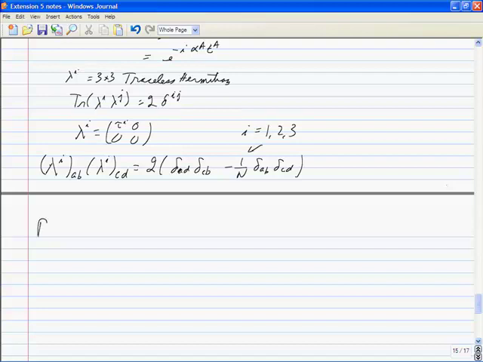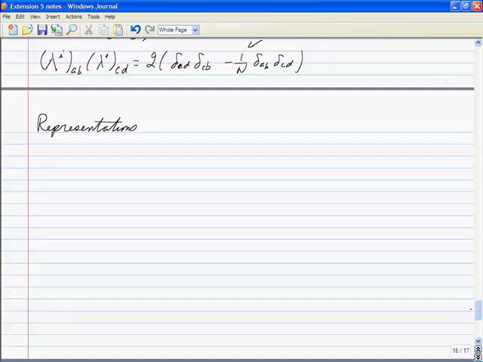Okay, so the representations. Psi goes to U psi is the fundamental.